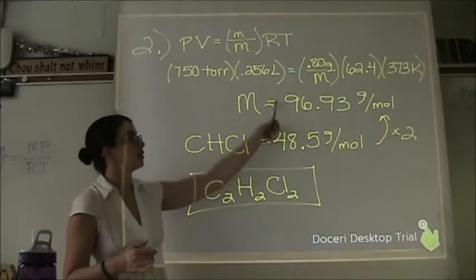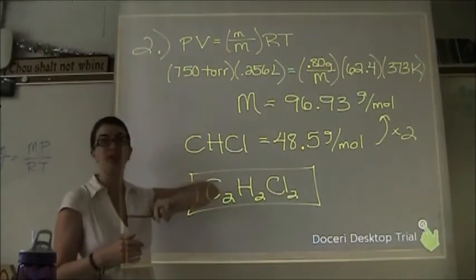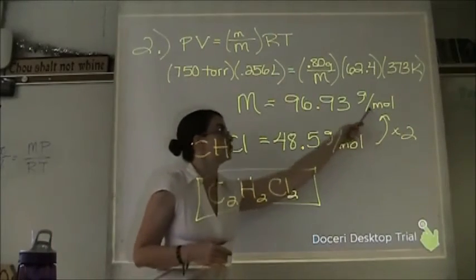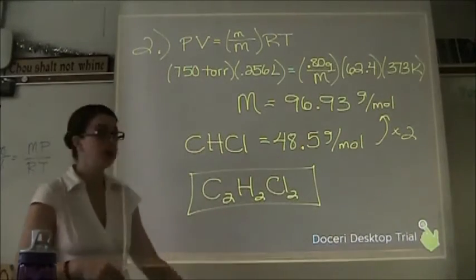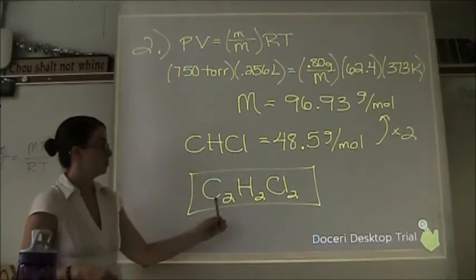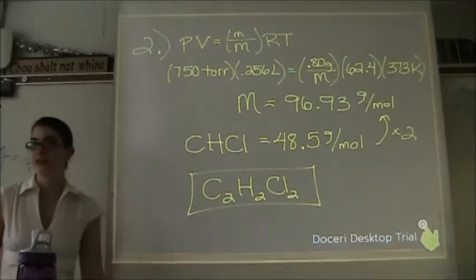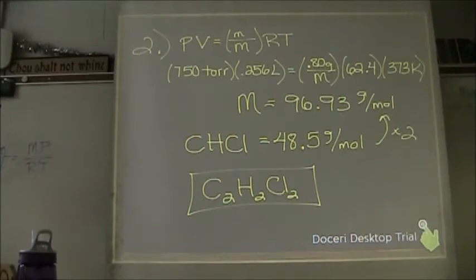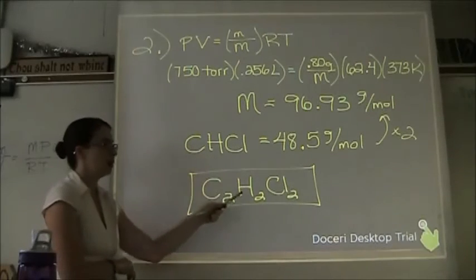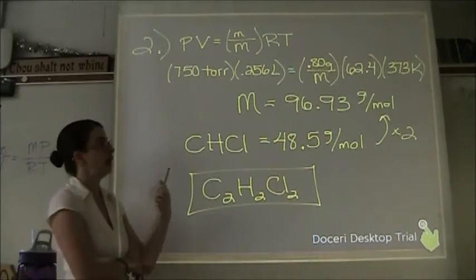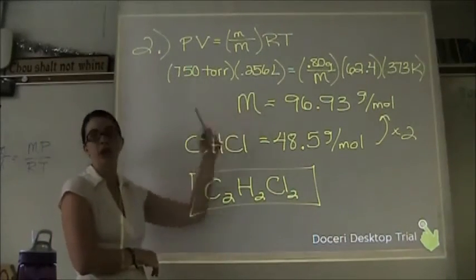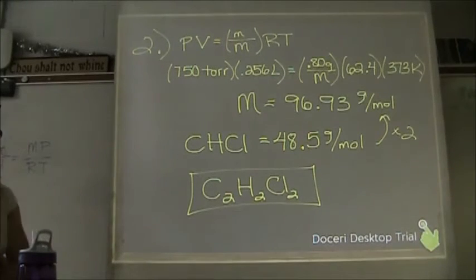I could see that the molar mass that I solved for is just about double of this one. So that's why I did this. That's a really common situation in AP Chem where you'll be given the empirical, you're supposed to find the molecular, and there's a whole variety of ways to find something's molar mass. But that's a very common situation.